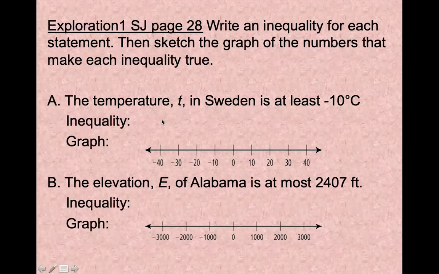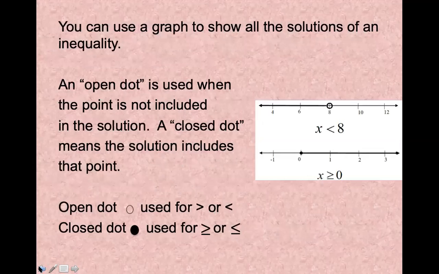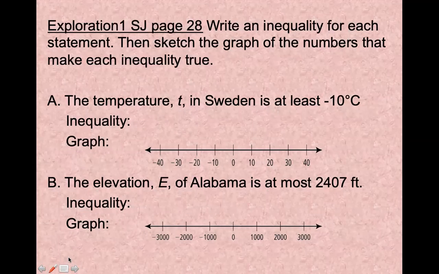So our inequality would be the temperature. Oh, forgot to grab a pen. Let's do that again. I'm going to switch color here so we can see. All right. The temperature is at least -10, which means it is greater than or equal to -10 degrees Celsius.